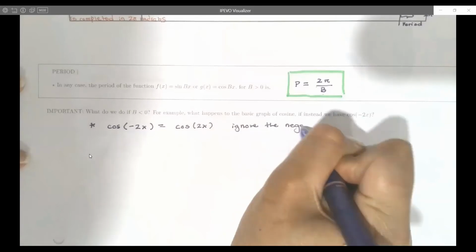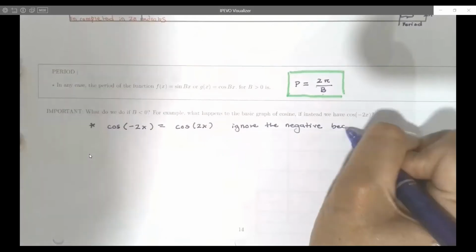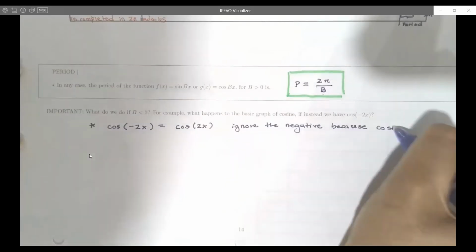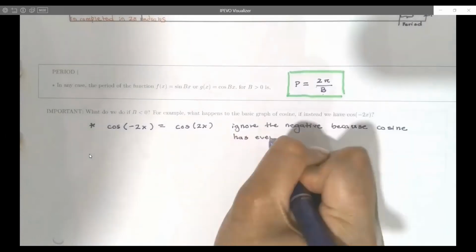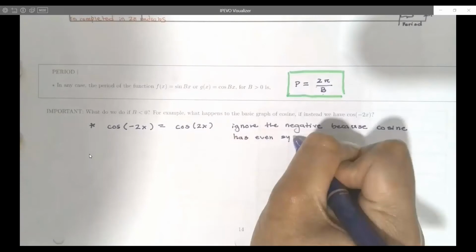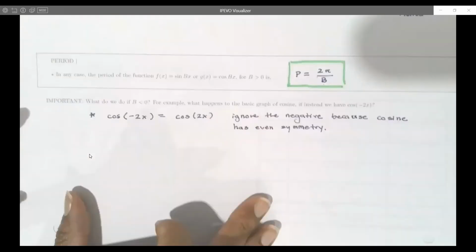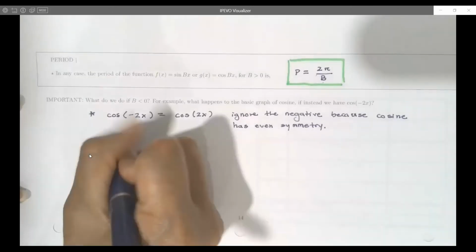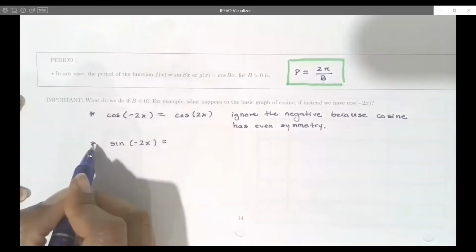And I'm going to write something here that we'll talk about later. That is because cosine has even symmetry. You don't have to worry about it too much, but we'll write it down so it can be there in the back of our minds, and then we'll talk about what that means. If you have sine, then you actually bring out the negative in front.